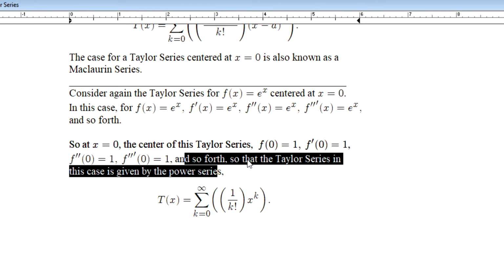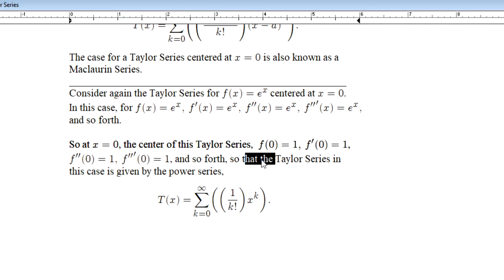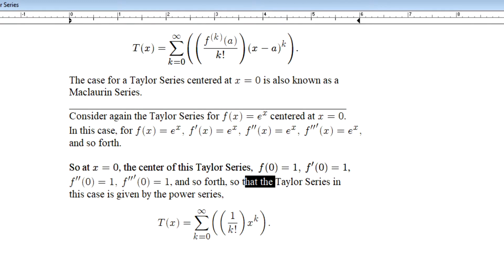So then if we think about the Taylor series, the Taylor series we defined above can now be defined in this manner. Again, the value of a is 0, so x minus 0 is just x raised to this kth power. All of our derivatives evaluated at our value of a will always result in the value of 1.